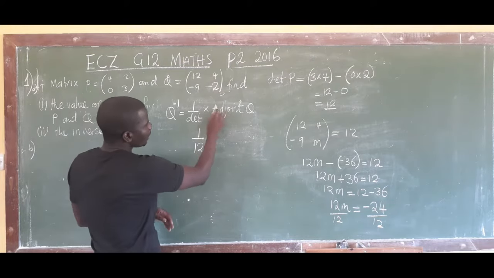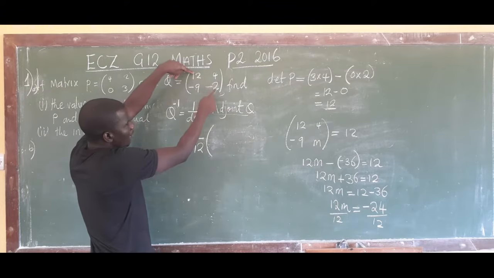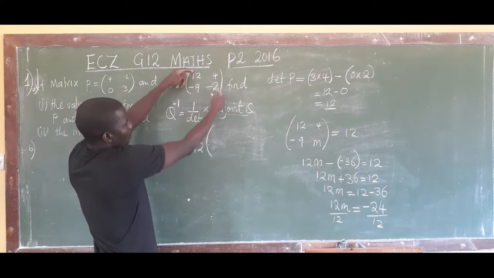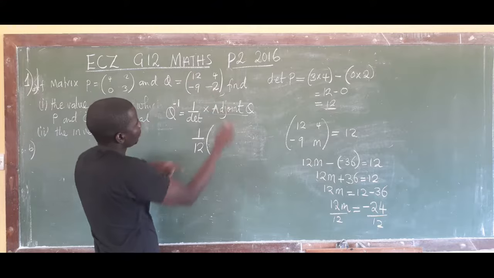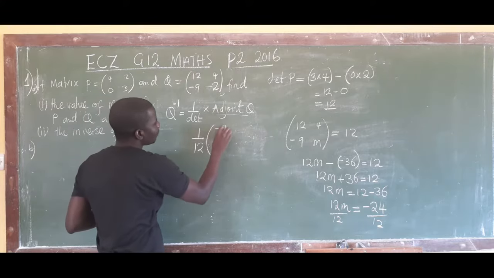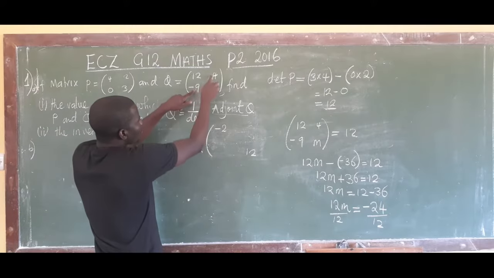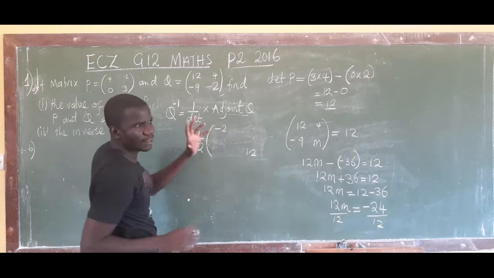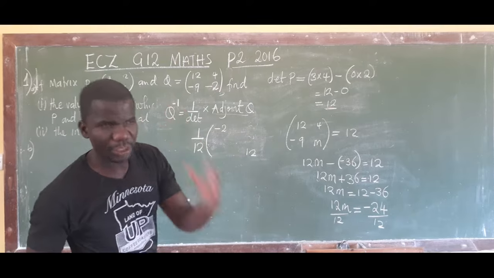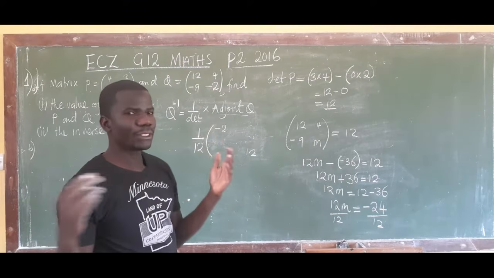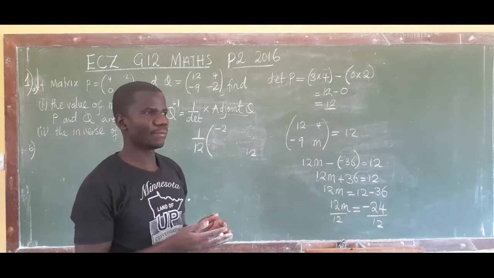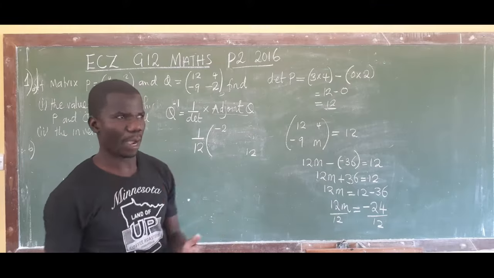For the adjoint, the two elements on the major diagonal swap. So we're going to have negative 2 here and 12 here. Then for the other two elements, their signs are the ones that change, or in other words, you multiply each of them by negative 1.